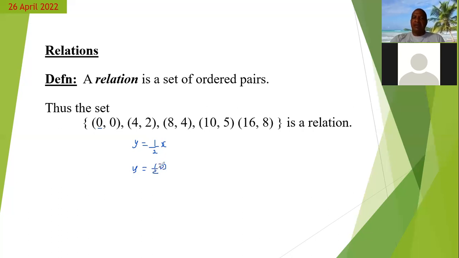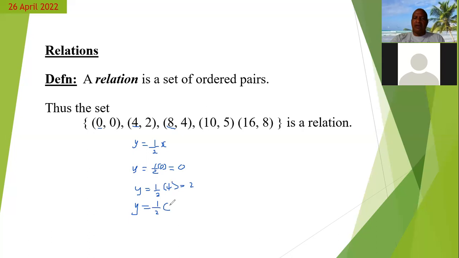You would get back 0. When x is equal to 4, then y is equal to half of 4. And so you will get 2. And when x is equal to 8, y is equal to half of 8.